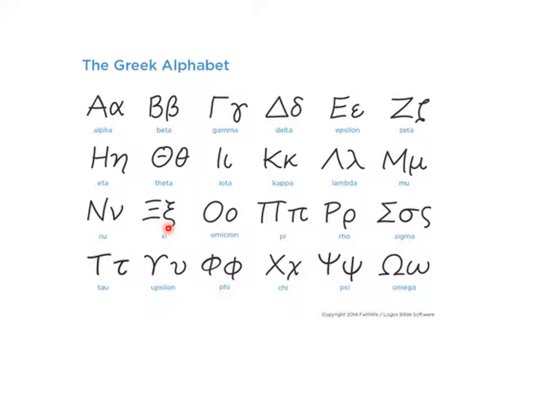It's called a double consonant. And it's representing a K sound and an S sound. So ks, ks. It's like our X in some words, like our word exit. So we'll have to work on that a little bit.